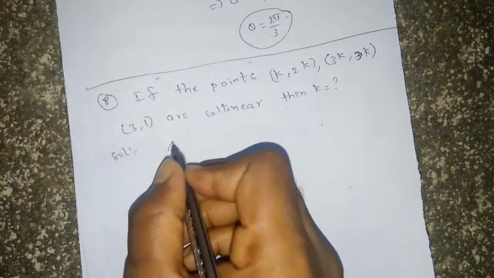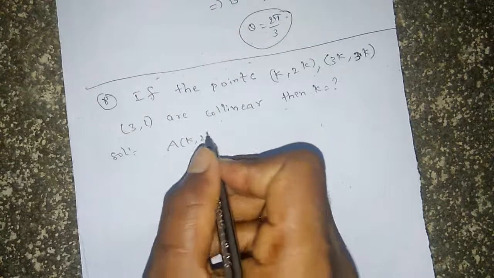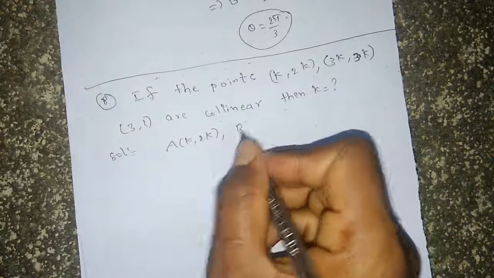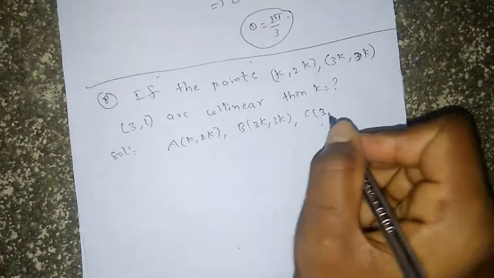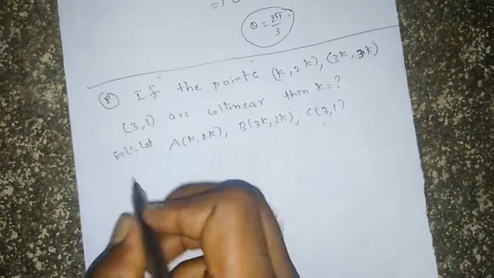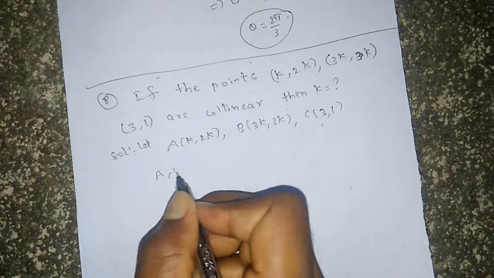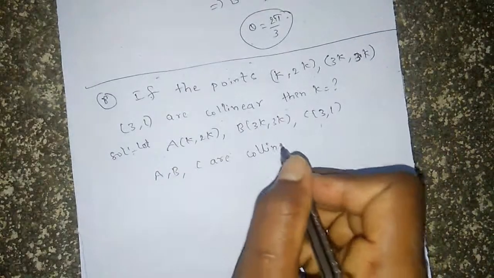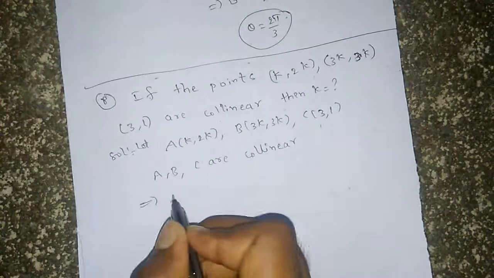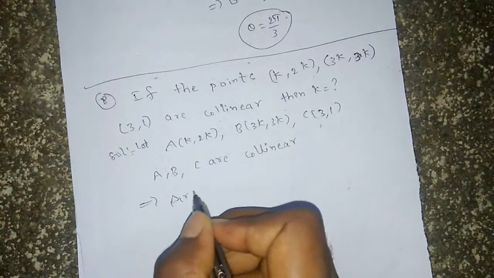Here given points are A is k comma 2k, B is 3k comma 3k, C is 3 comma 1. Now given that A, B, C are collinear, implies area of triangle ABC is 0.